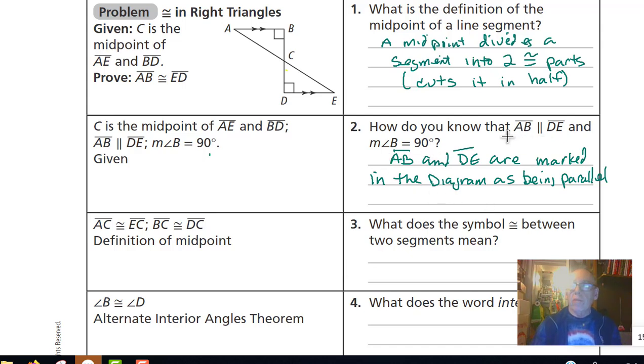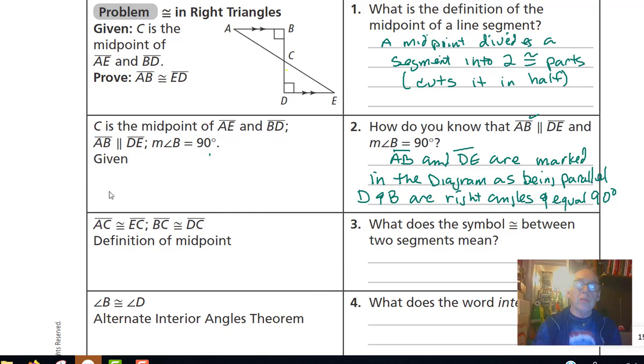That's one part. How do we know that the measure of B is 90? Well, D and B are right angles and equal 90 degrees. That's what we can use for that one.